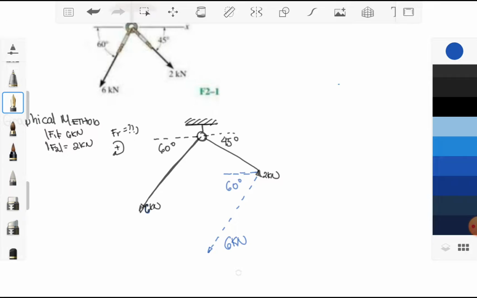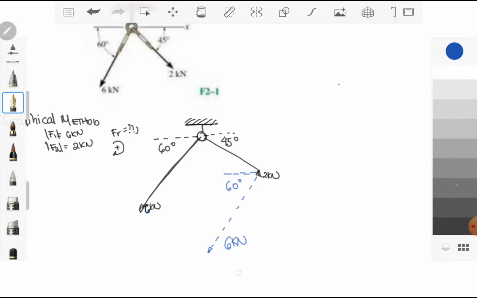And then we will project your 2 kilonewton. Take note that the arrow is going down, so you can see that the tip of your 2 kilonewton is projected to the head of your 6 kilonewton.